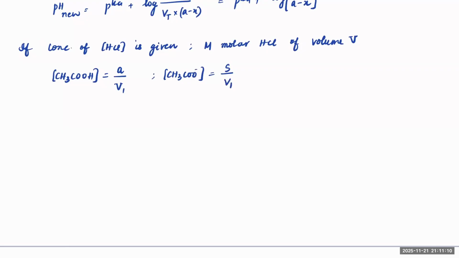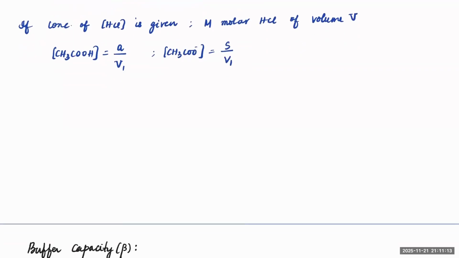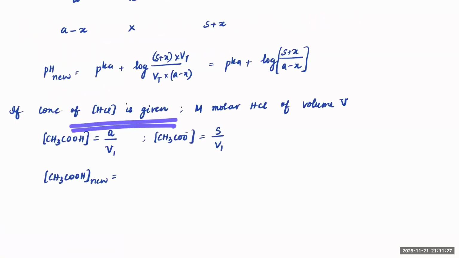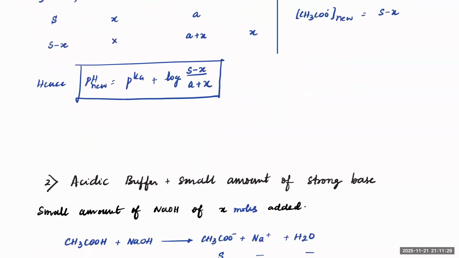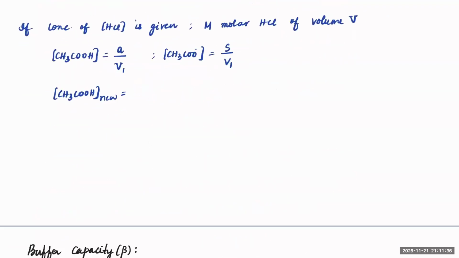Okay, this was the original concentration. Now, the new concentration of CH3COOH will be, because when you add acid, we just learned that the acid concentration will increase and the salt concentration will decrease by that amount.